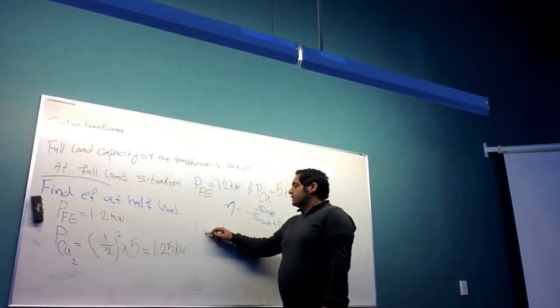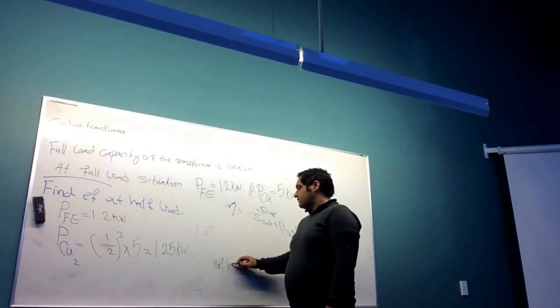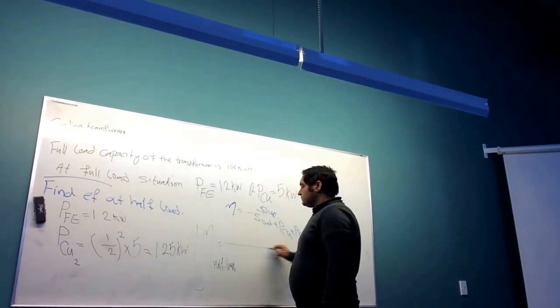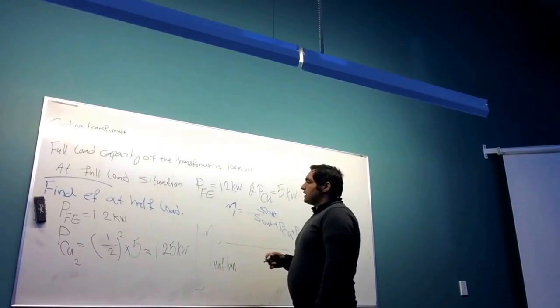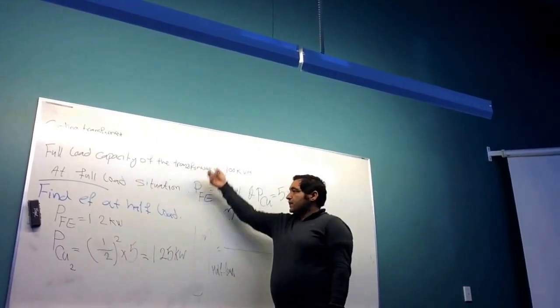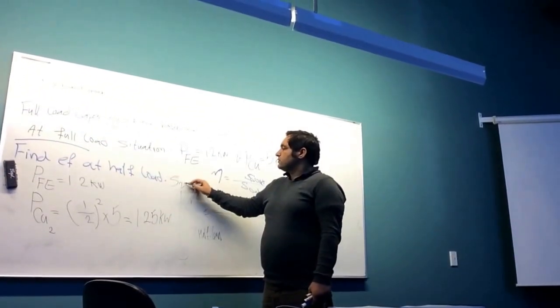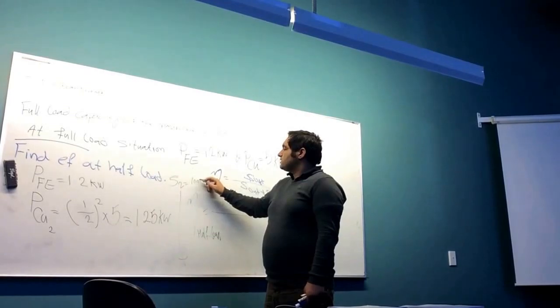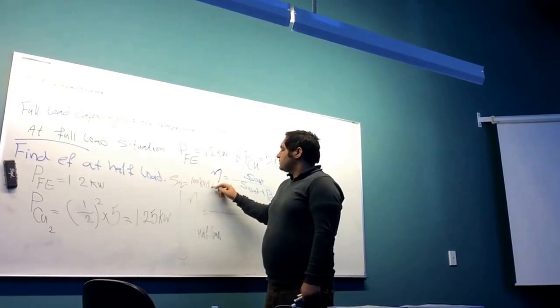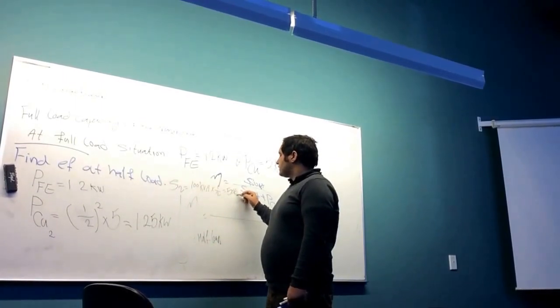Now, the new efficiency at half load equals S out. How much is S out? Half load, so half that value. So half means that S2 equals 100 kilovolt ampere times half, 50 kilovolt ampere.